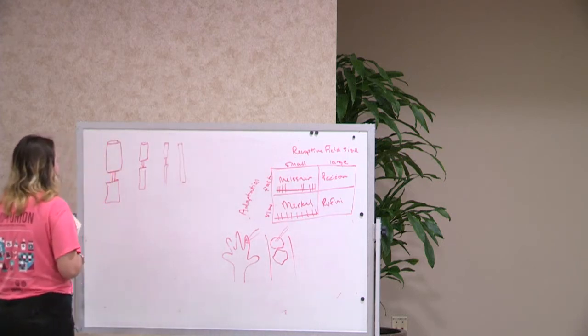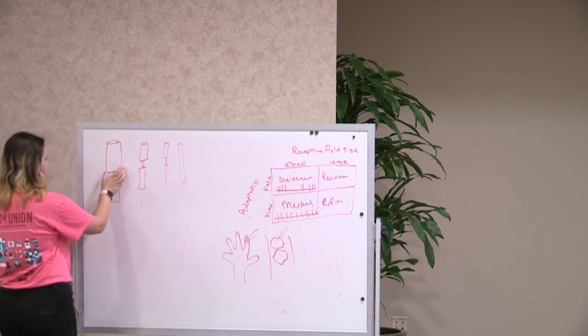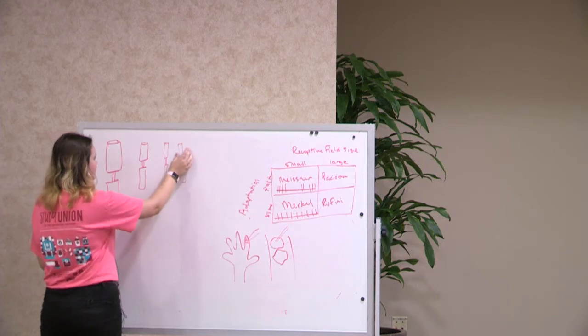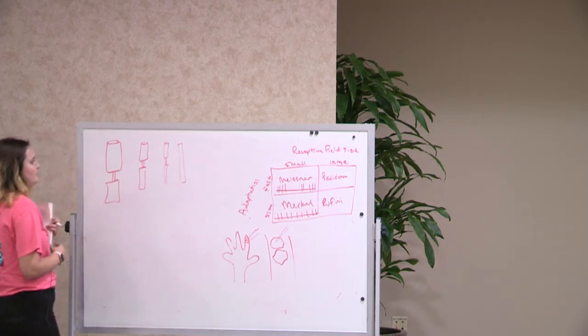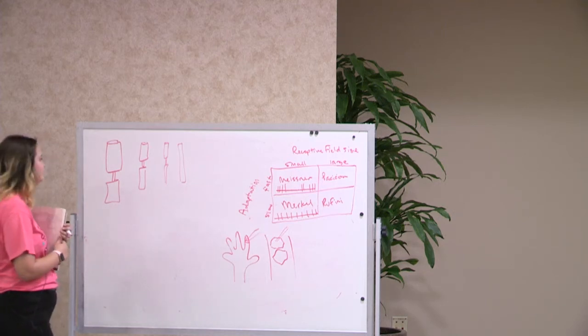Just looking at this picture, and this is the myelin sheath, by the way, and this is the axon, and this one doesn't have any myelin sheath on it. Which one do you think would be the fastest? The one on the very left, right?